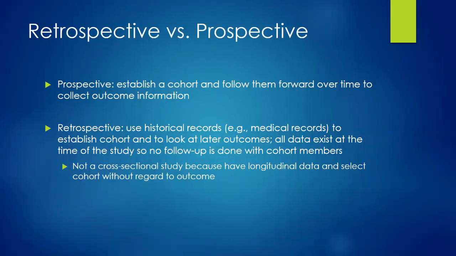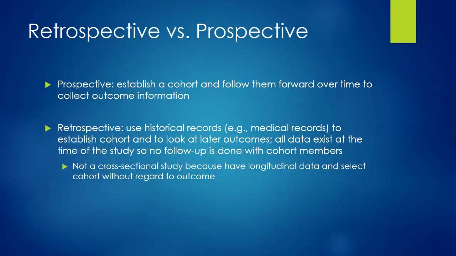Now, a cohort study always is following people over time. It is possible to do this retrospectively. So in a prospective cohort, that's where we'd start now, sample people, and follow them up into the future in real time to collect information on the outcome.